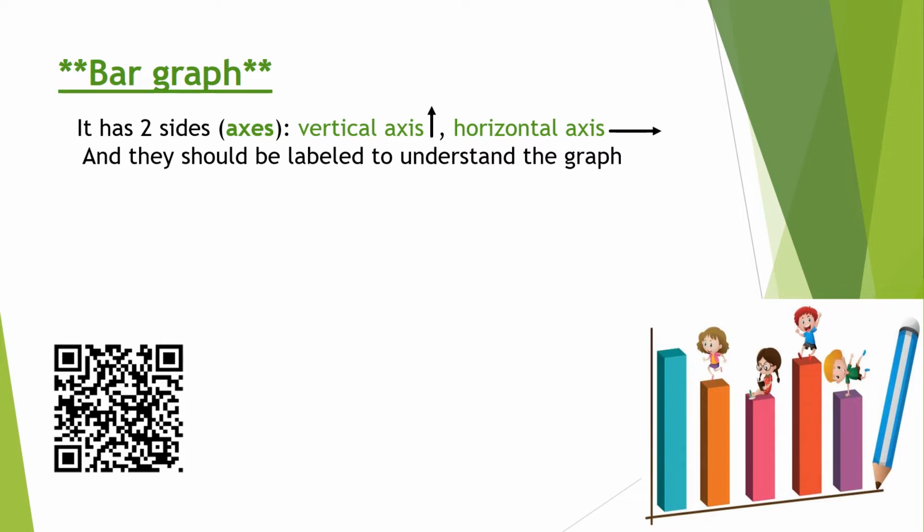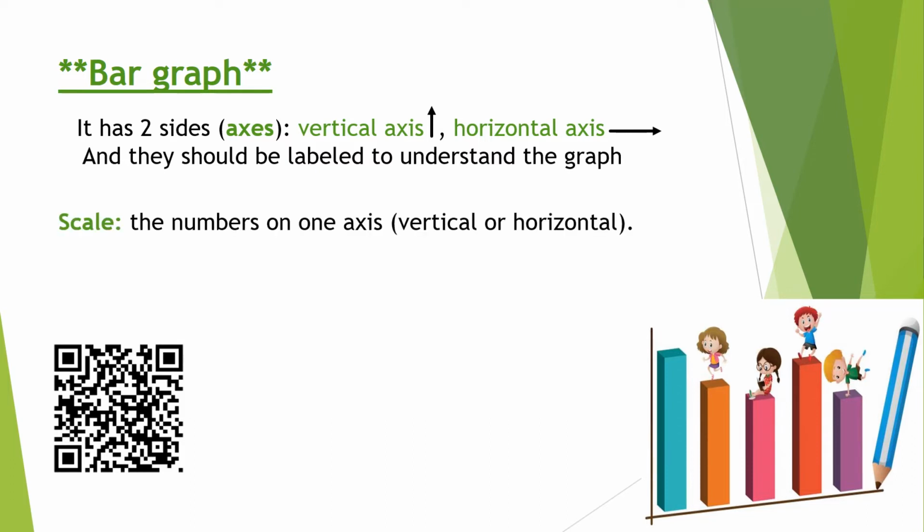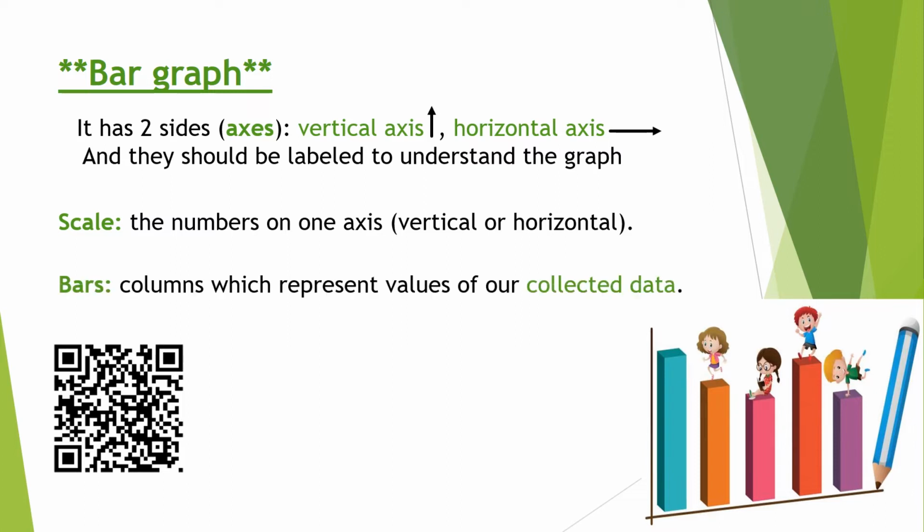And they should be labeled to understand the graph. Labeled means they should have a name. Scale is the numbers on one axis, vertical axis or horizontal axis.